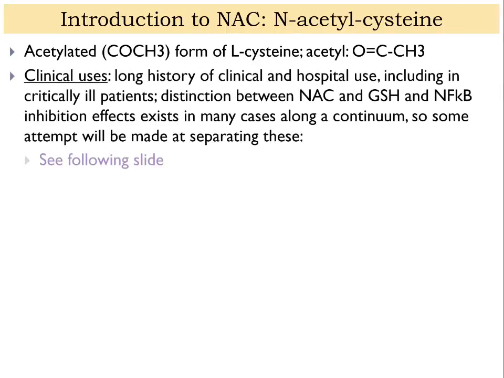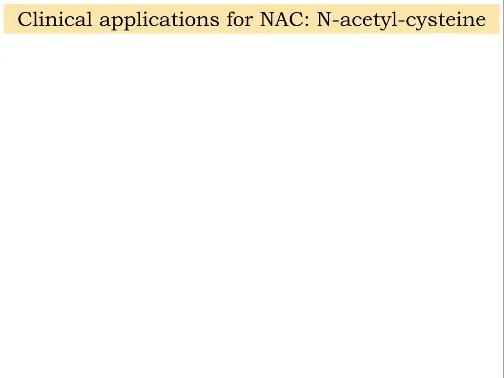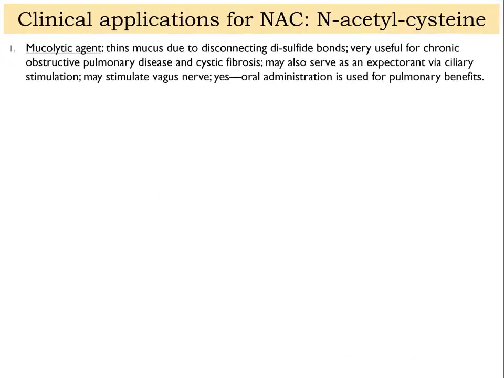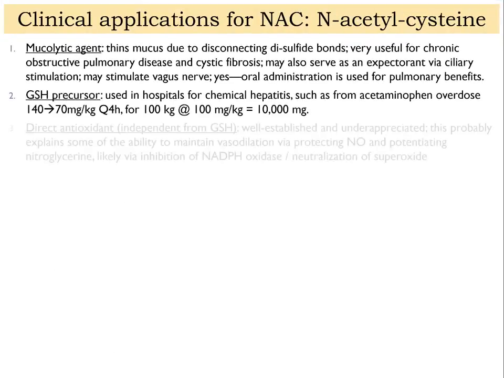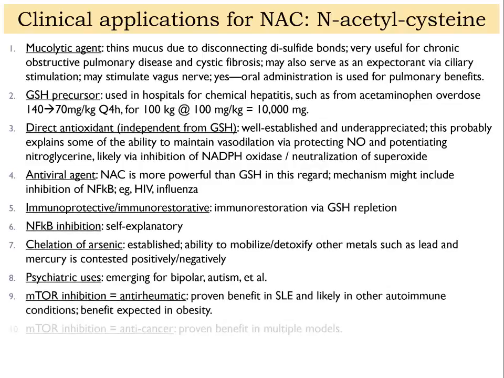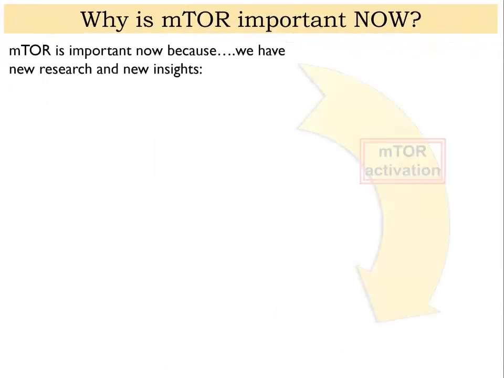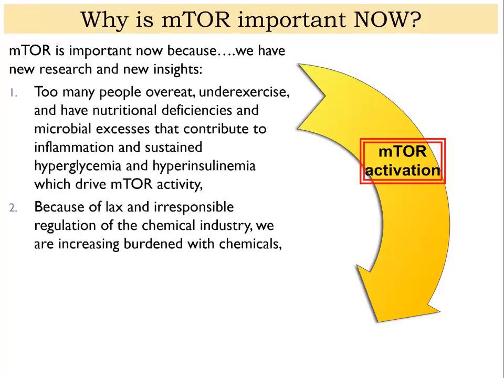What we talked about last time was the use of NAC against autoimmunity, specifically by blocking a pathway called mTOR, which stands for the mechanistic target of rapamycin. We also contextualize that information by talking about some of the other mechanisms and benefits of NAC in clinical care. And then I introduced the topic of mTOR and talked about why that's important now.